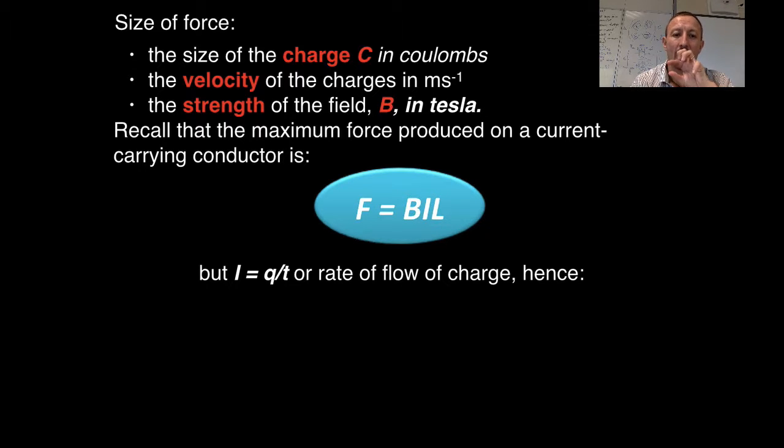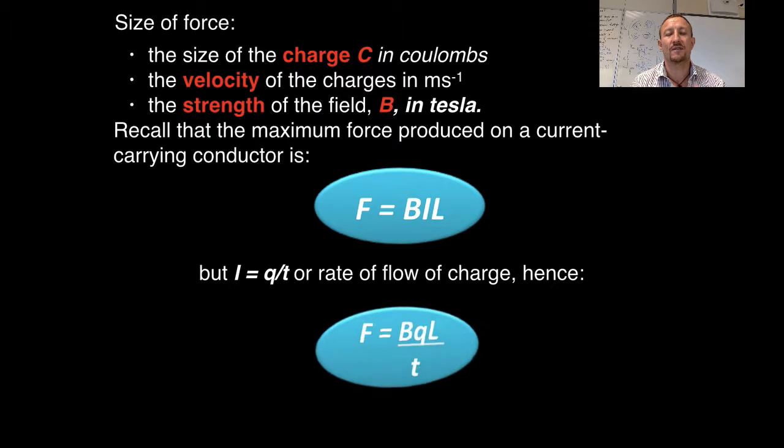Now, we know that current is basically the charge over the time, the rate at which charge is flowing at a specific point. So we can substitute in for I, so that we get a formula which is force equals the field strength times the charge Q times the length of the wire over the time taken.